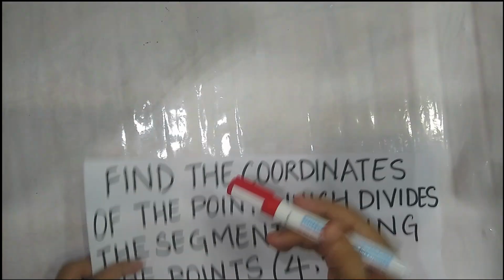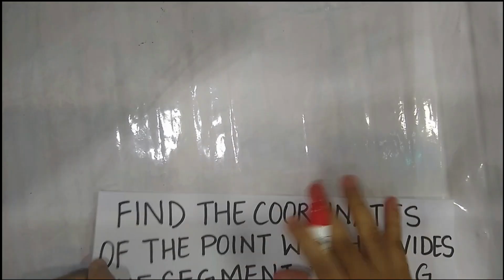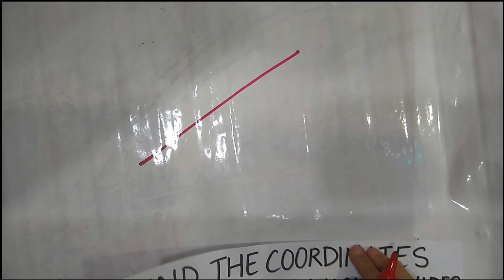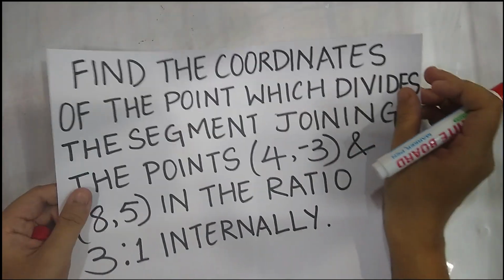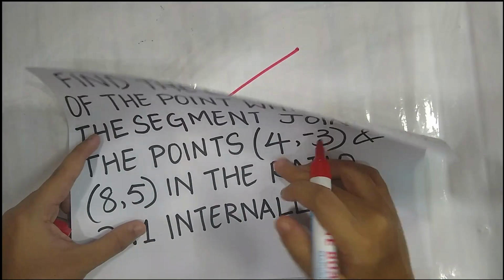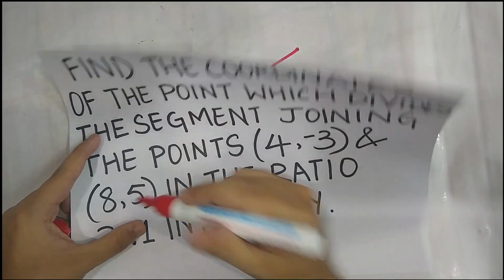Let me just show you with a diagram. What they're trying to say is, this line segment has these two coordinates at its edges, (4, -3) and (8, 5).